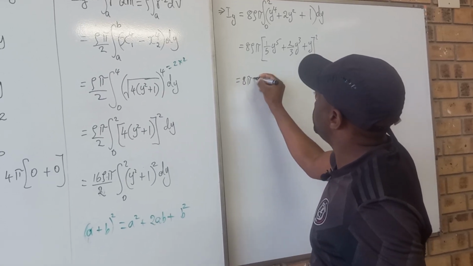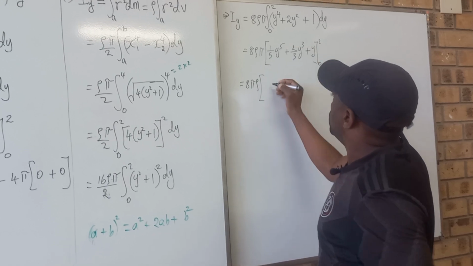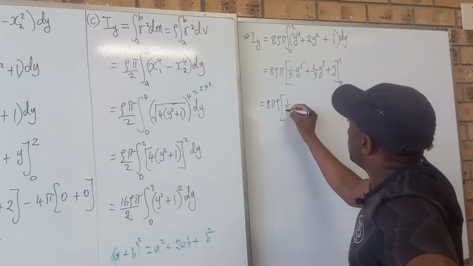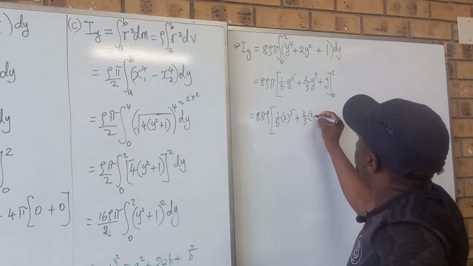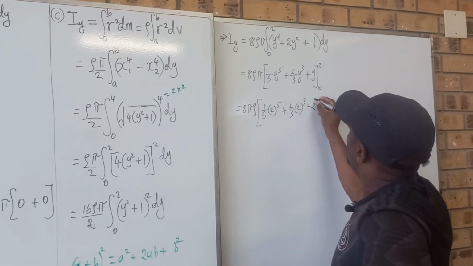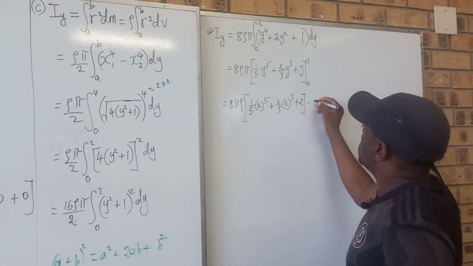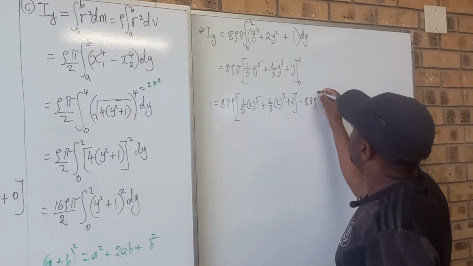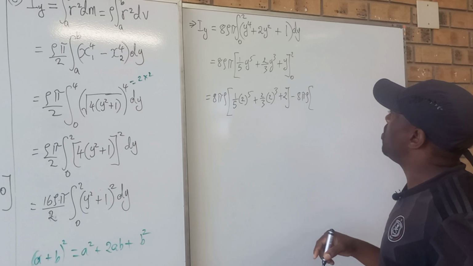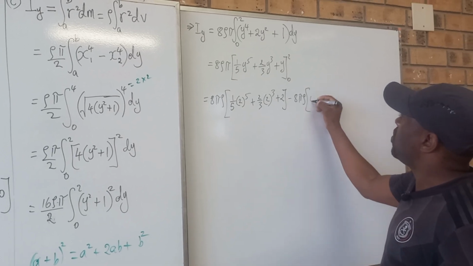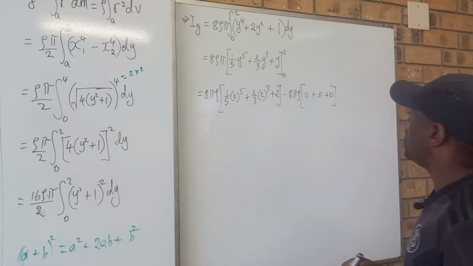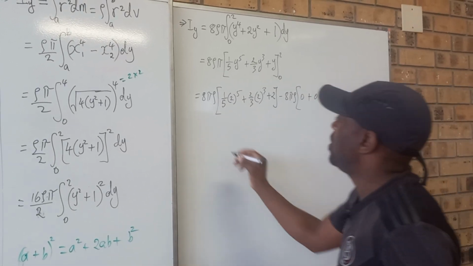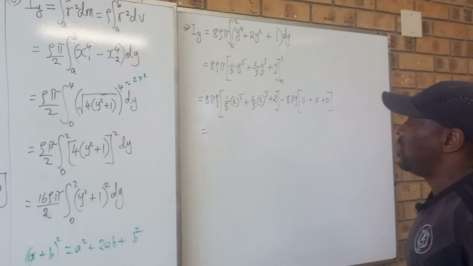Then I put my limit. So I'll put 1 over 5 into 2 to the power 5 plus 2 over 3 into 2 cubed plus 2. That's my upper limit. Then I start the process all over again. Then I replace every y by 0. It means I'll get 0 plus 0 plus 0, since y is common everywhere. Then I go to my calculator and do the rest.